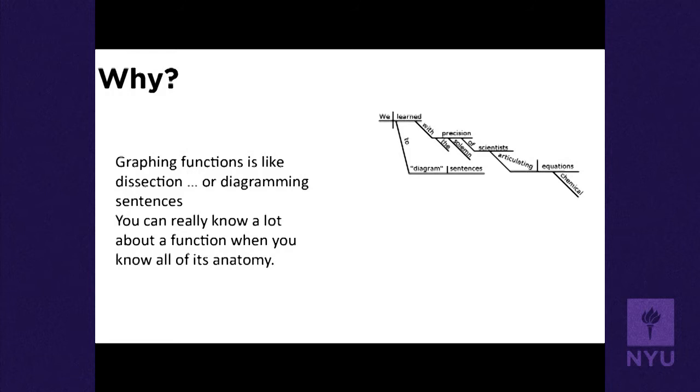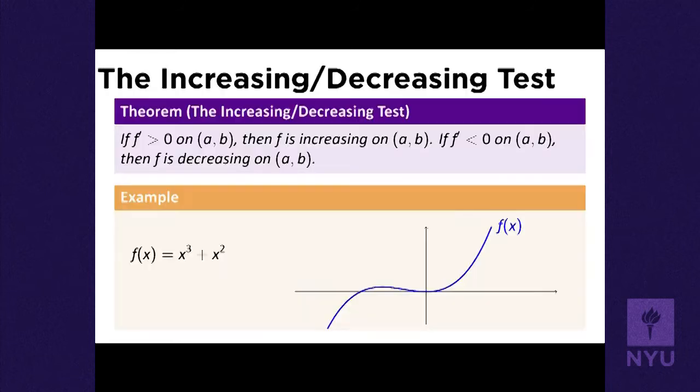Okay, so the increasing and decreasing test is one of the tools that we have in this regard. It says that when a function's derivative is positive on an interval, that function is definitely increasing on that interval. If the derivative is negative, then the function is decreasing on that interval. So to take a look at the function x cubed plus x squared, here's the derivative, 3x squared plus 2x.